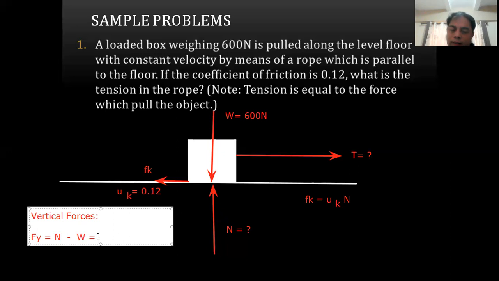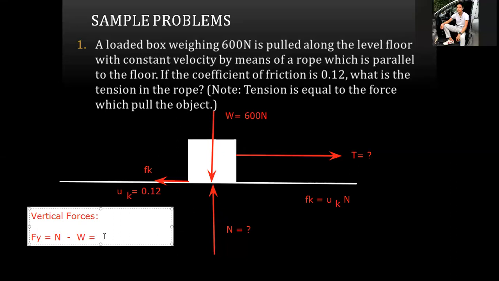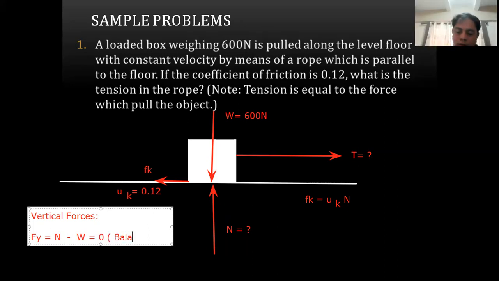So we can say that the total of these two forces present vertically must be equal to 0, because the forces there are considered balanced. Since the forces are balanced, then N minus W is equal to 0. Then from that equation, N must be equal to your weight.